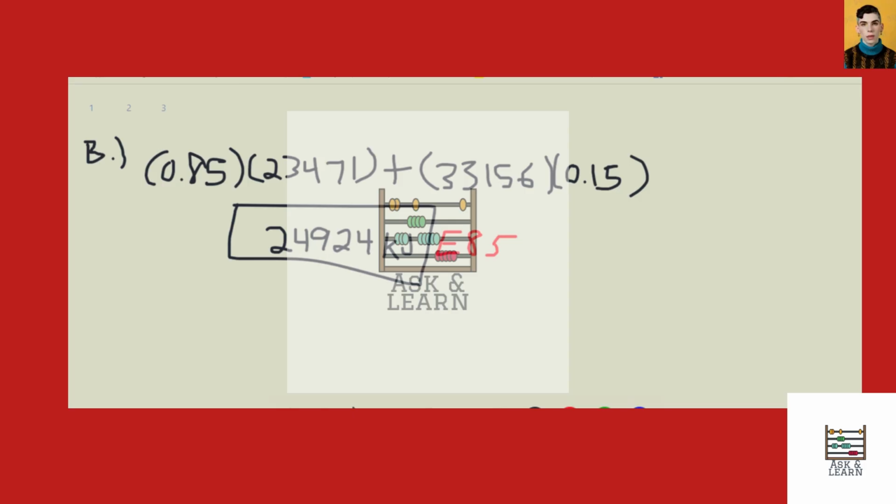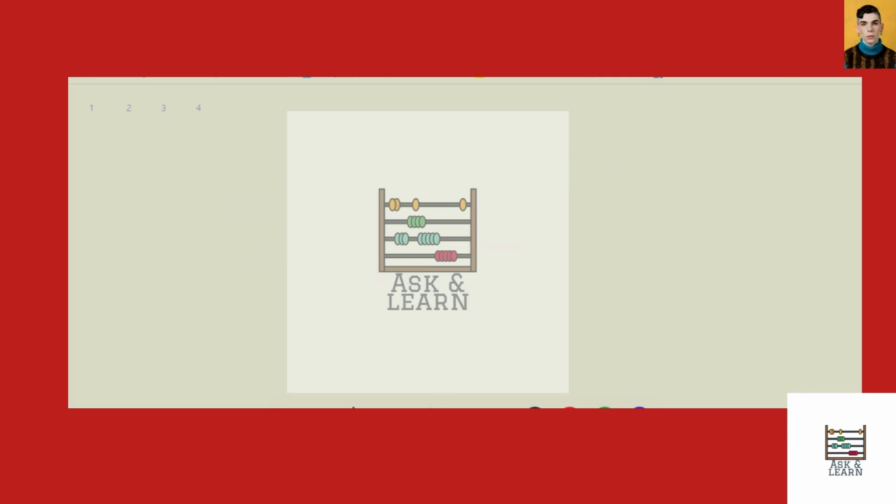Now we're going to move on to part C. How many gallons of E85 are needed to produce the same energy as 10 gallons of gasoline? You can do this pretty straightforwardly.